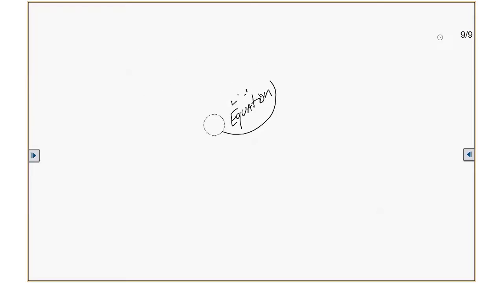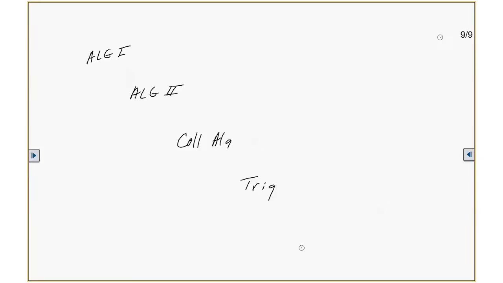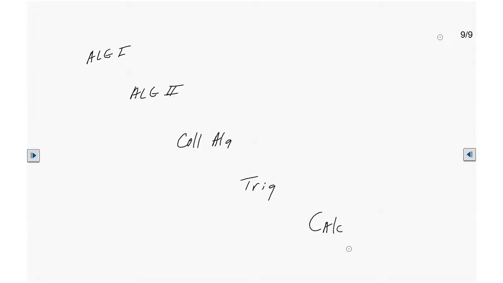Nonlinear. Why? Well, because here is your little Algebra 1, Algebra 2, college algebra, trig, and then calculus. 1, 2, and 3.